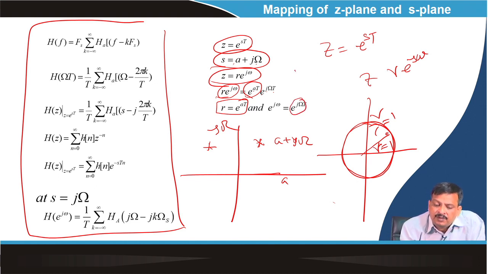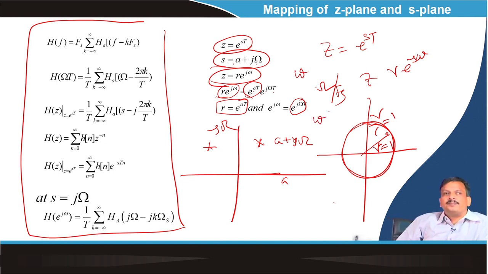That is why this omega is normalized discrete frequency, this omega is analog frequency. Once I say this is divided per sample Fs, T means 1 by Fs, then it is not radian per second, it is radian per sample, which is nothing but small omega. So, I know small omega is nothing but omega T and R is equal to e to the power aT.